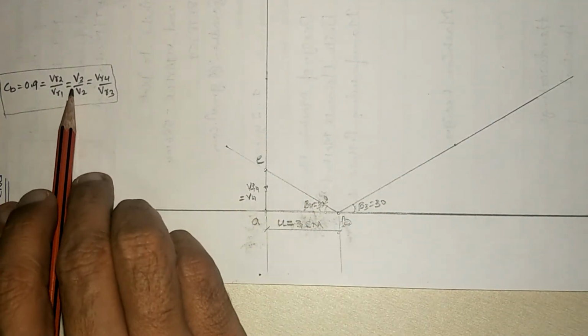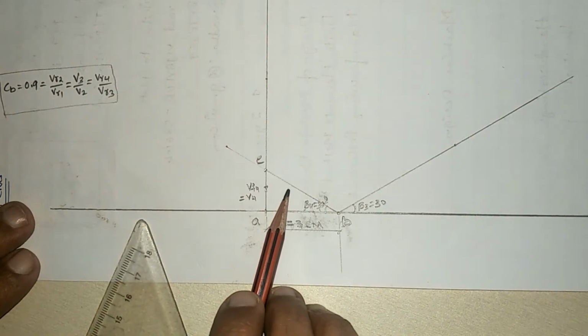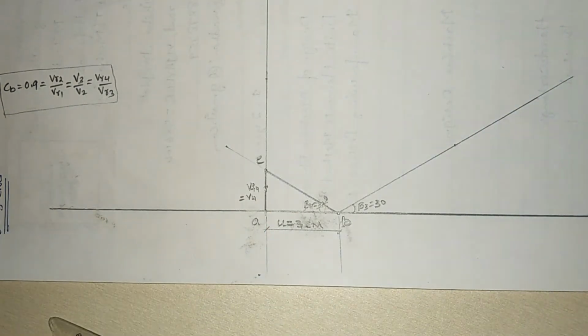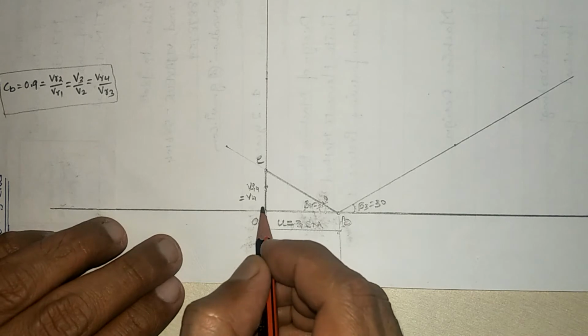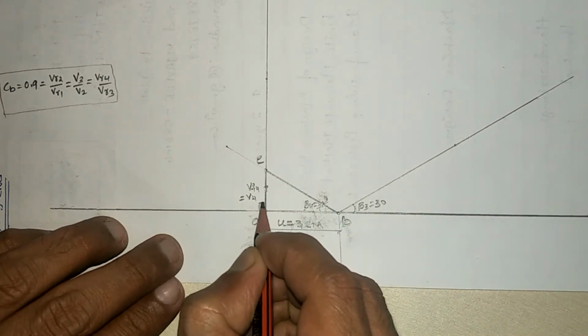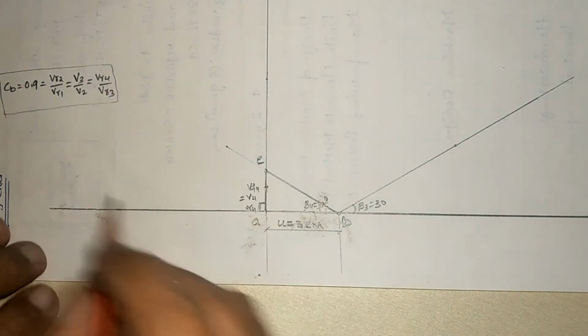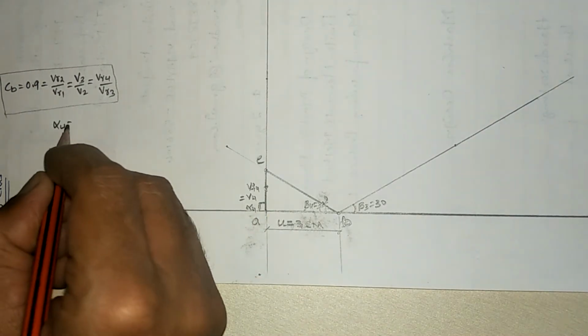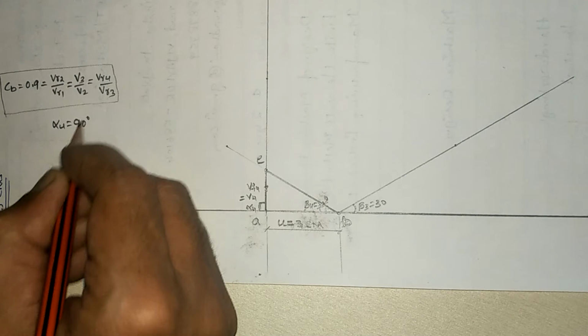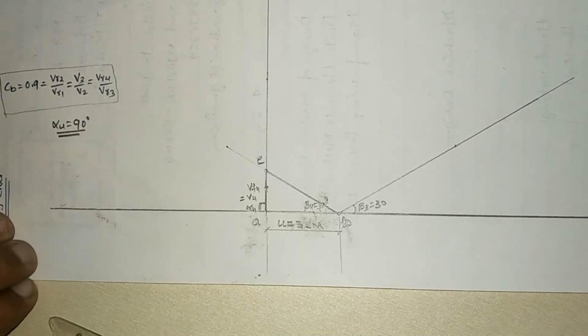So from this equation, in the problem it is clearly mentioned that this angle is alpha 4, and alpha 4 is equal to 90 degrees, because the exit discharge is axial.